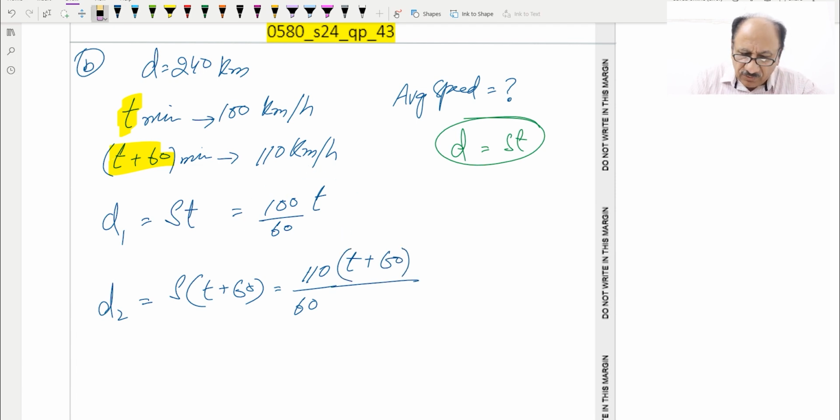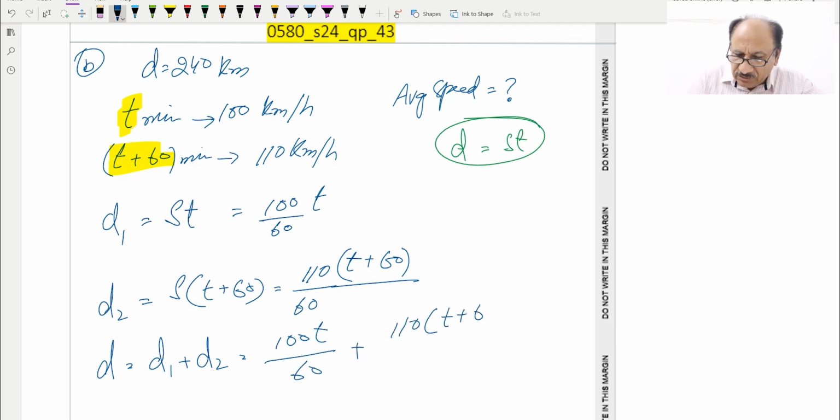Then we will calculate the total distance, which is d1 plus d2, equal to 100t over 60, plus 110 times t plus 60 over 60, and this is 240 kilometers distance, as they have mentioned.